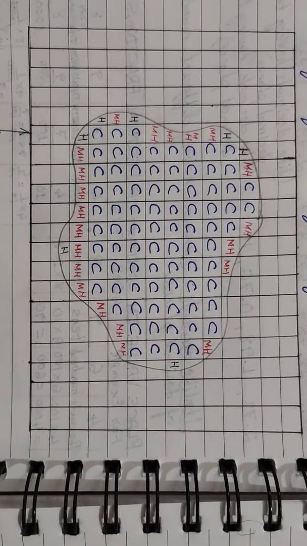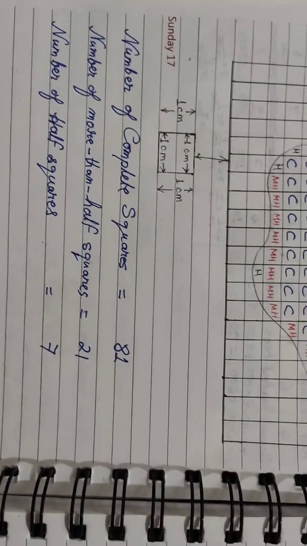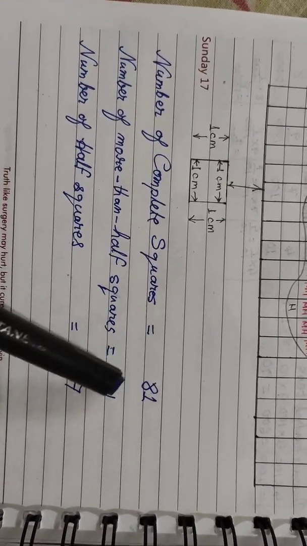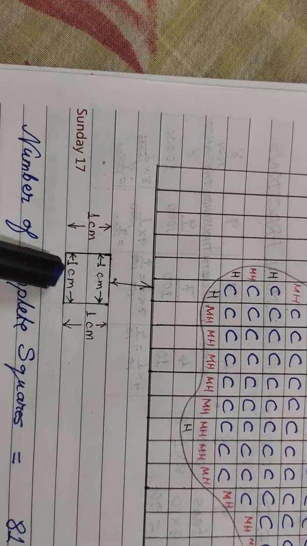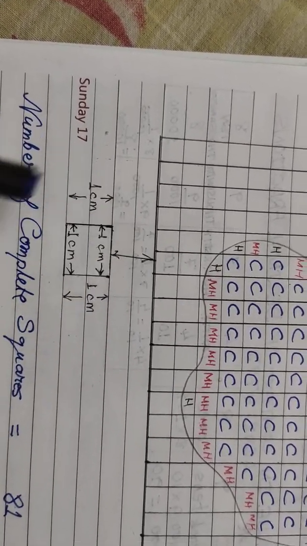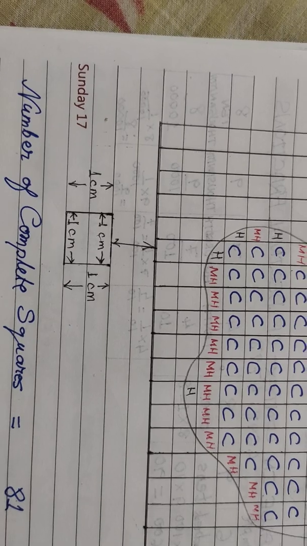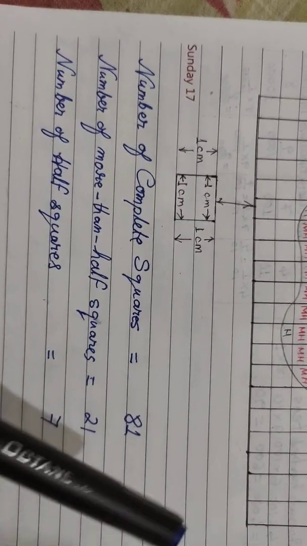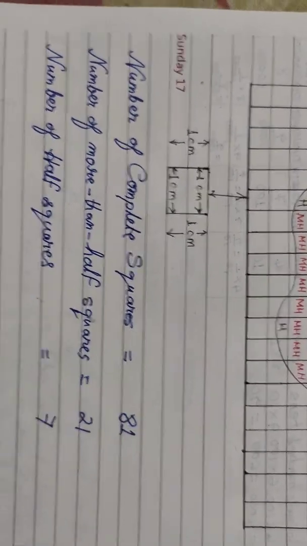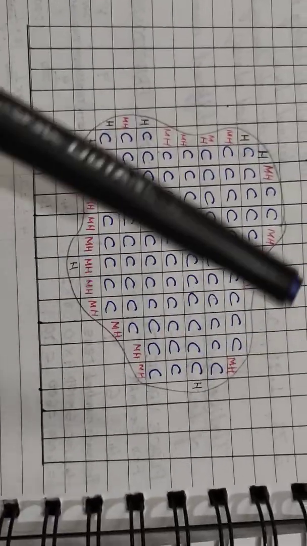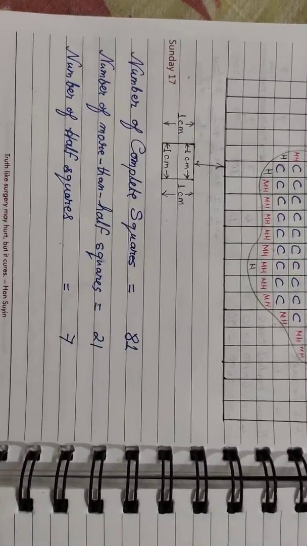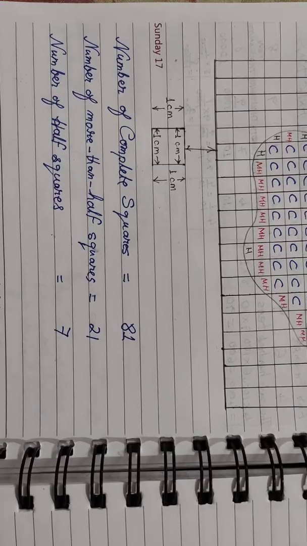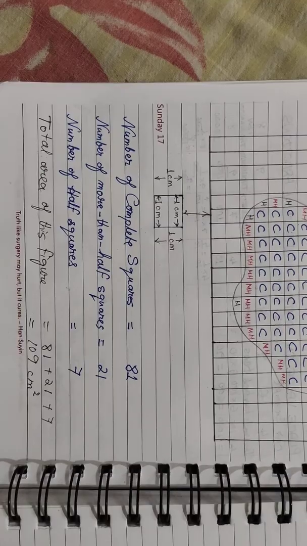Now the total area will be the sum of all these three. Since each square is 1 centimeter by 1 centimeter, the area of each square is 1 centimeter square, so the total of these will be the area of this particular figure in centimeter square. Centimeter square is the unit of area in this case.